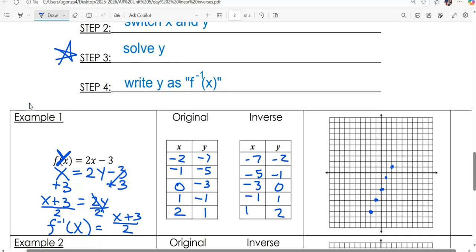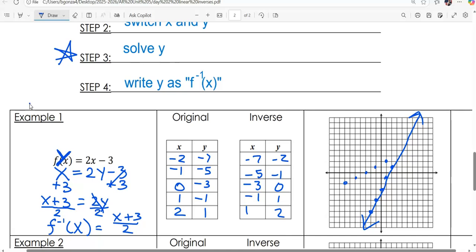Can you take those points and make a nice straight line? And then graph the inverse one. -7, -2, -5, -1, -3, 0, -1, 1, 1, 2.